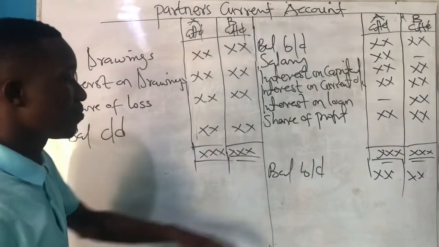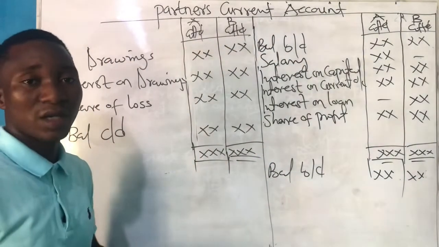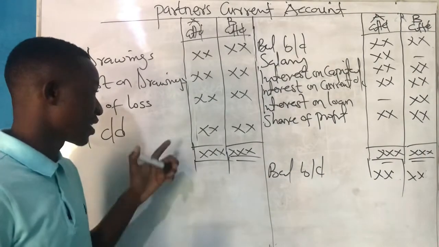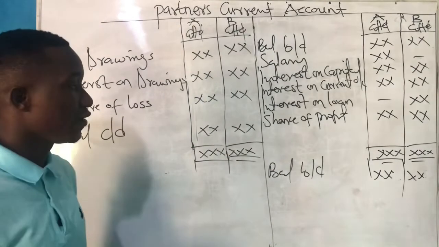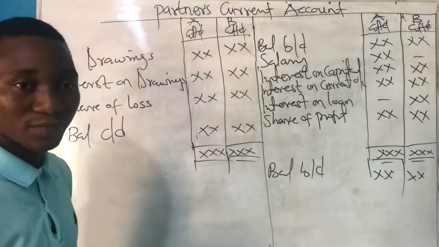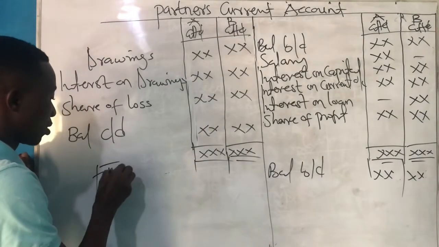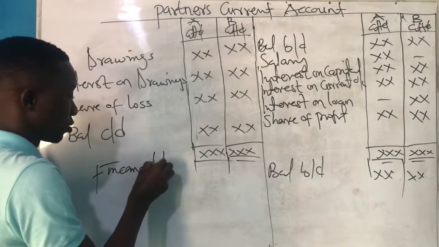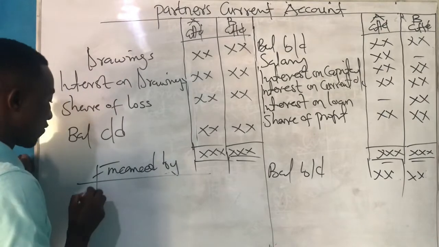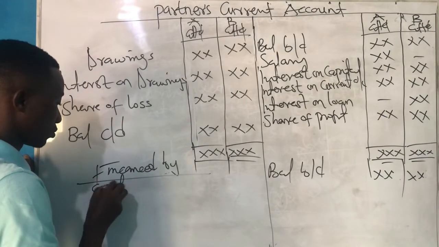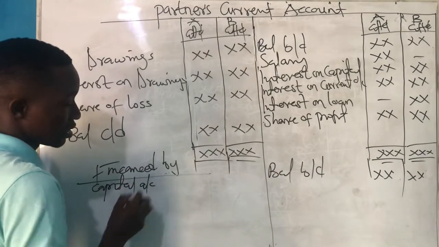So it is this balance brought down that we are going to present in the statement of financial position as the current account balances of the individual partners. So when we go to the statement of financial position under finance by, first of all, we come with the capital. That's the capital account balances.